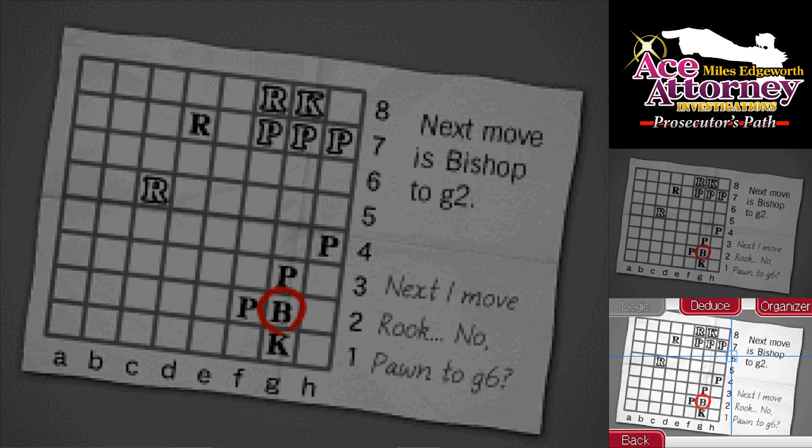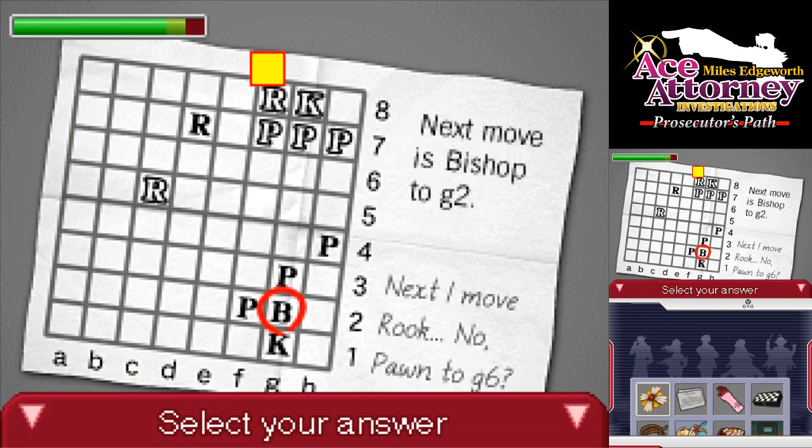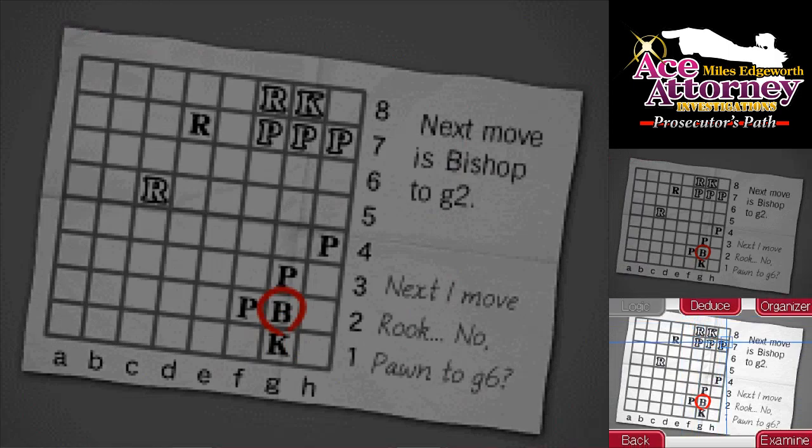Okay, so, wait a second. Next I move rook, no, pawn to g6. Okay, rook, king, pawn, pawn, pawn, rook, rook, pawn, pawn.